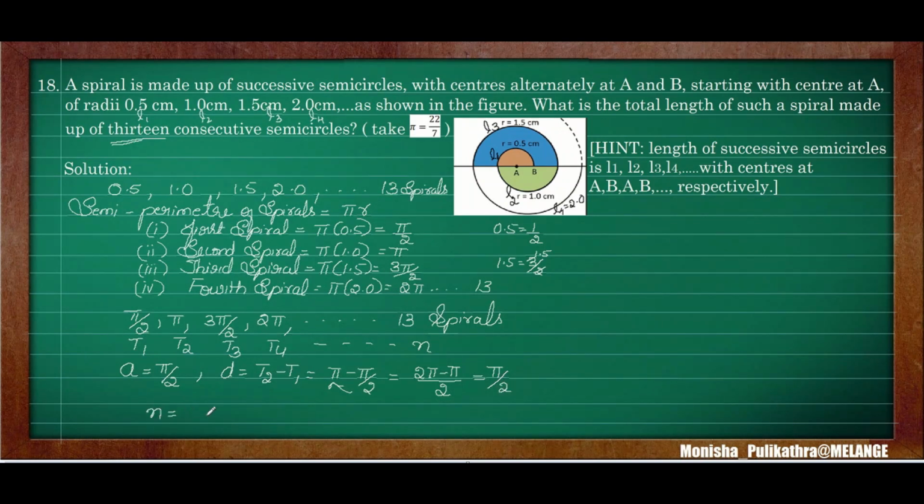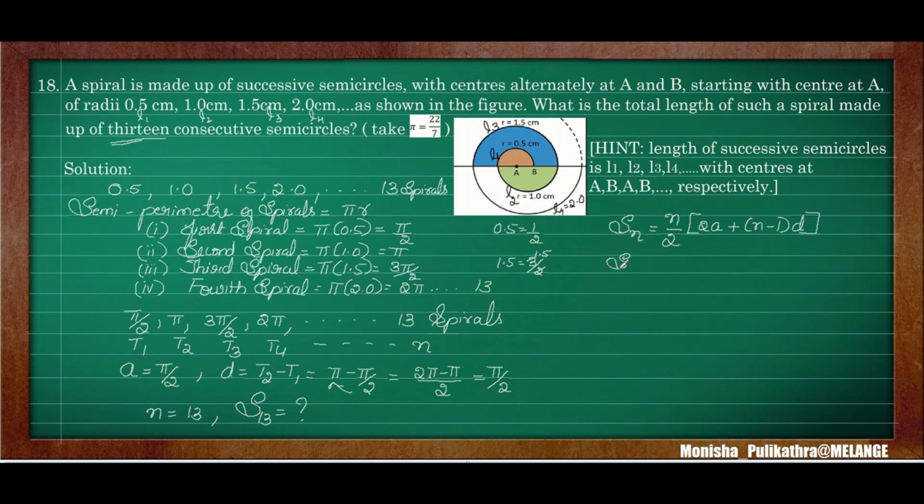Next, n is equal to 13, the number of spirals. We need to find the total length of all the 13 consecutive spirals here. Okay, so for that we need to take the Sn formula. Sn is equal to n by 2 into 2a plus n minus 1 into d.